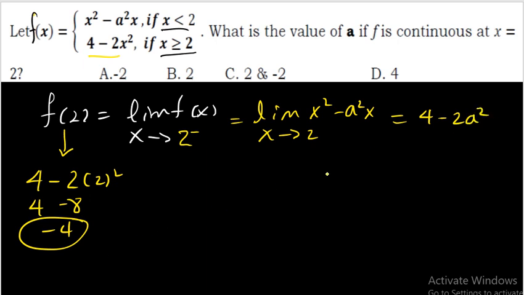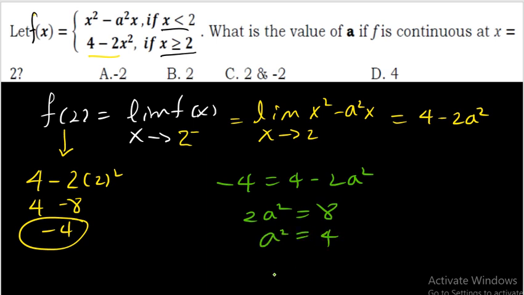But the two have to be the same, so −4 = 4 − 2a². Let us reshuffle: 2a² = 8. If I divide by 2 on both sides, a² = 4. So the value of a must be plus or minus 2.